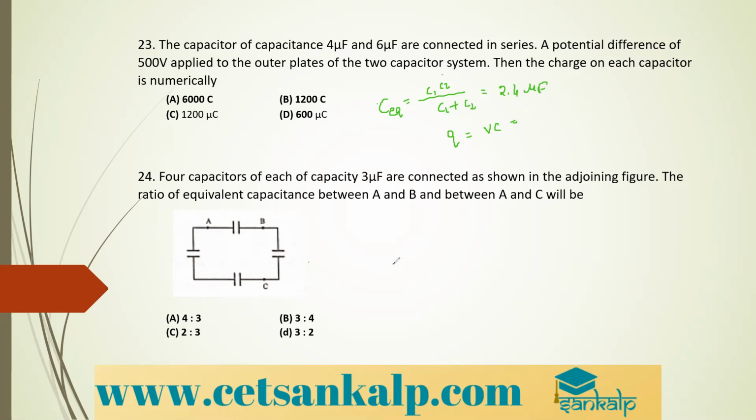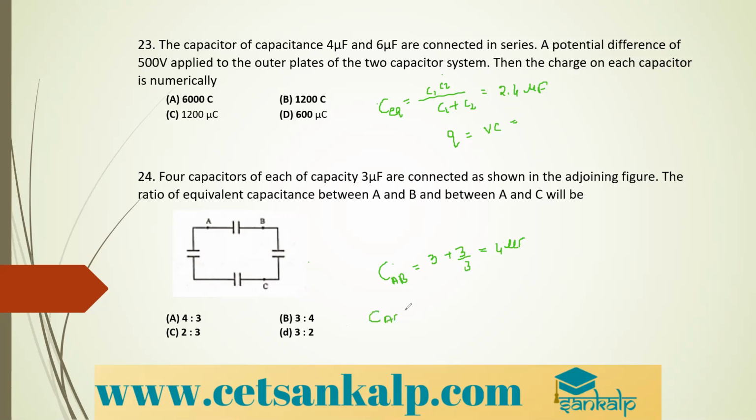So the solution part is, first between A and B, each capacitor, how much is it? 3 microfarad itself. Therefore, 3 plus 3 by 3 is nothing but 4 microfarad.